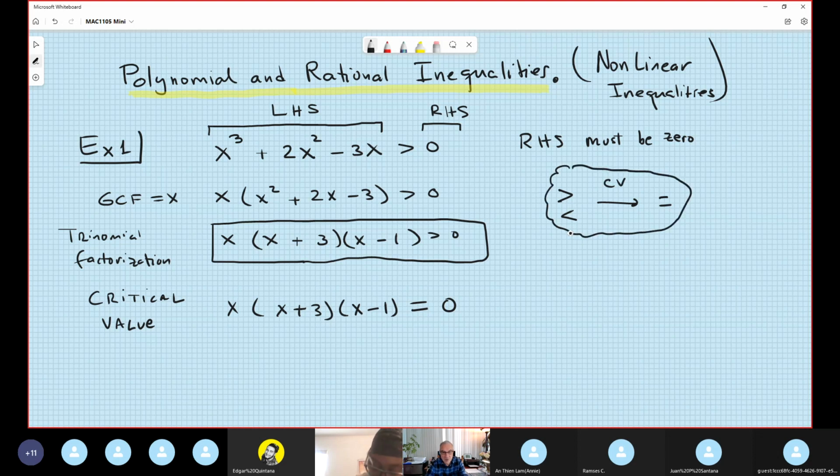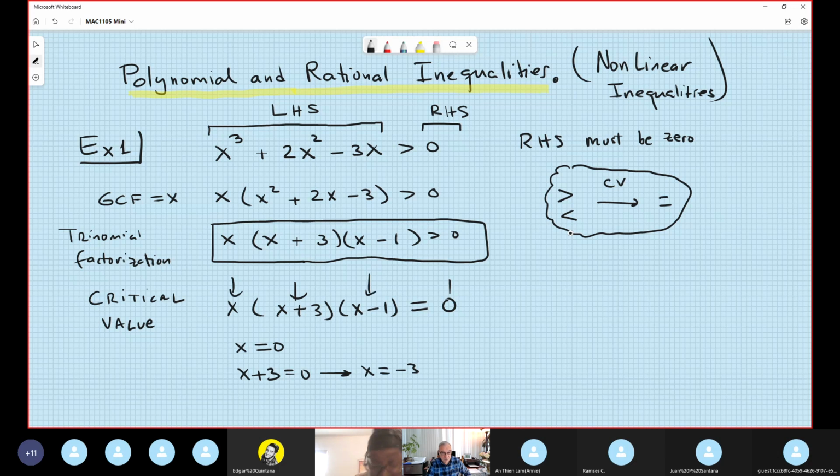Okay. Now, what is easy? You have 1, 2, 3 factors, which makes sense because my original polynomial is degree 3. Then we have 3 solutions. The first solution is x equals 0, this factor equal to 0. The second is x plus 3 equal to 0. Obviously, it's negative 3.